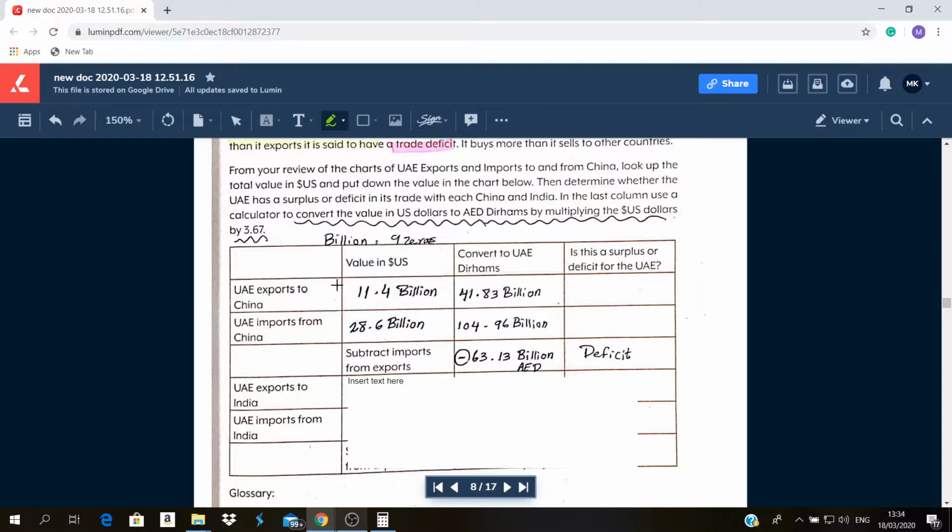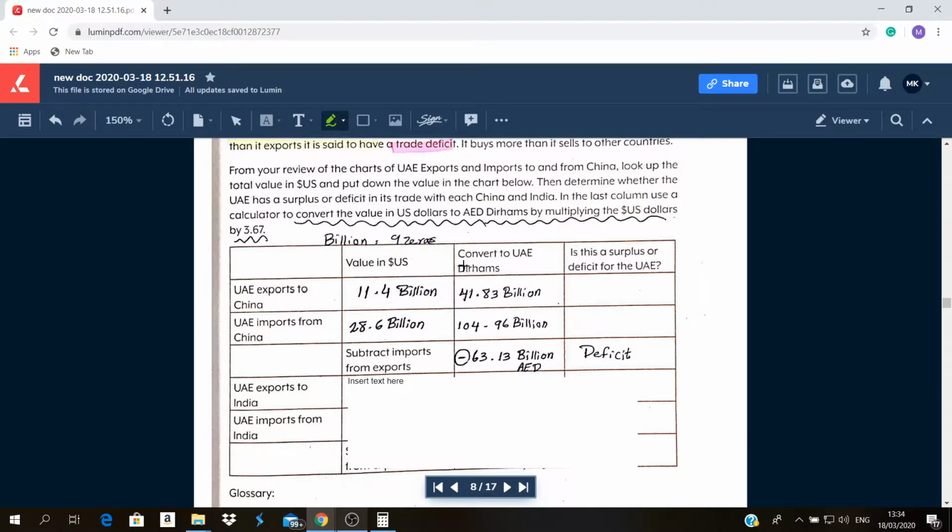The UAE has $11.4 billion, while the UAE has 28.6 billion. This is the value of imports from China.